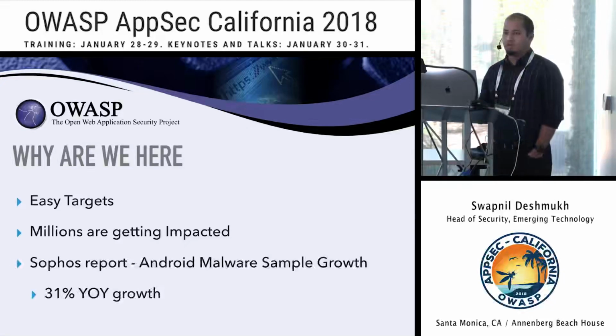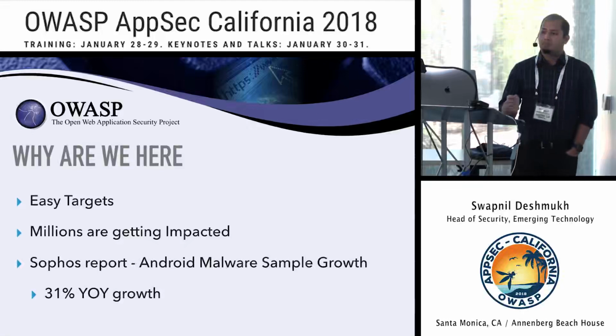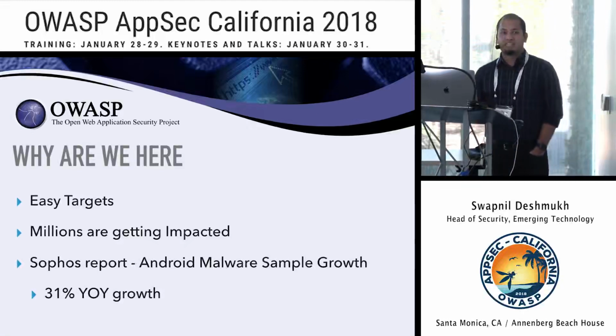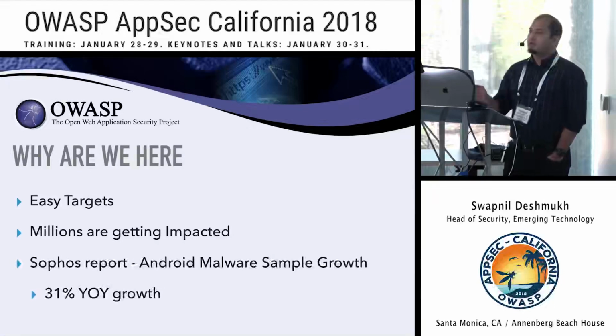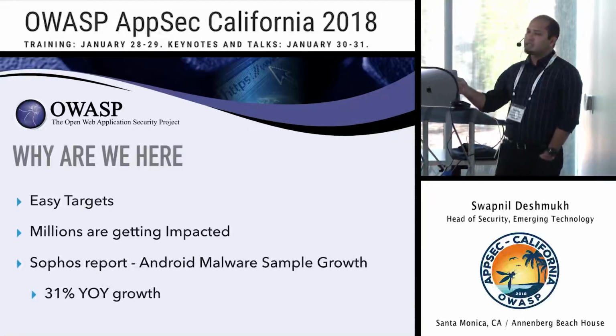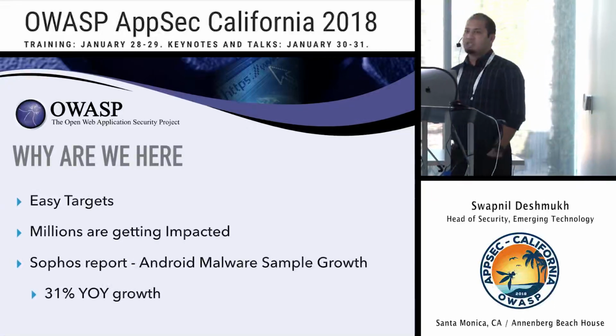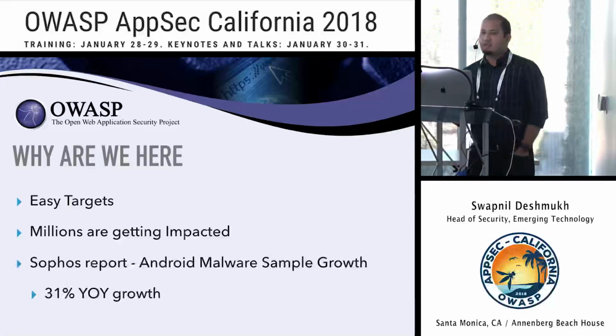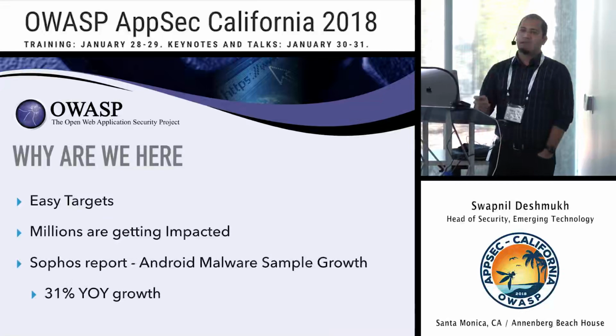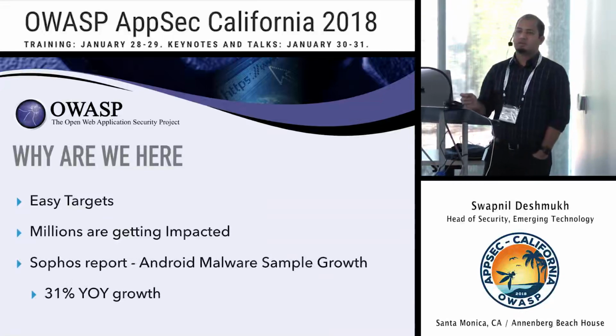That's a huge number. They continue reporting that there is a billion-dollar industry when it comes to ransomware. There is one that we will be looking at, where $33 million was collected as a result of that ransomware. So it's a very, very easy target, and they're earning millions and millions from it.